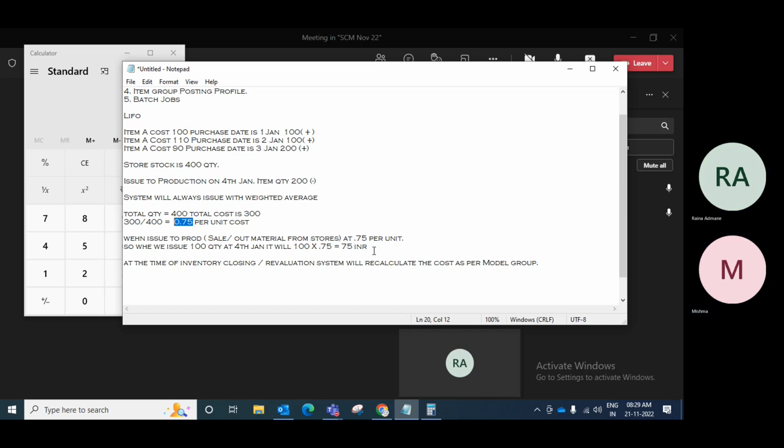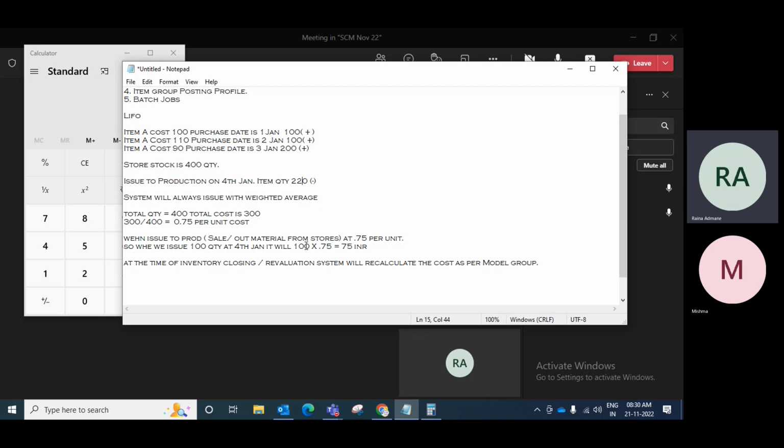Now, when you do the recalculation, what will happen at the rate of FIFO? What will the system do in case of 200? We will take 220, which is a better example. Now what will happen?